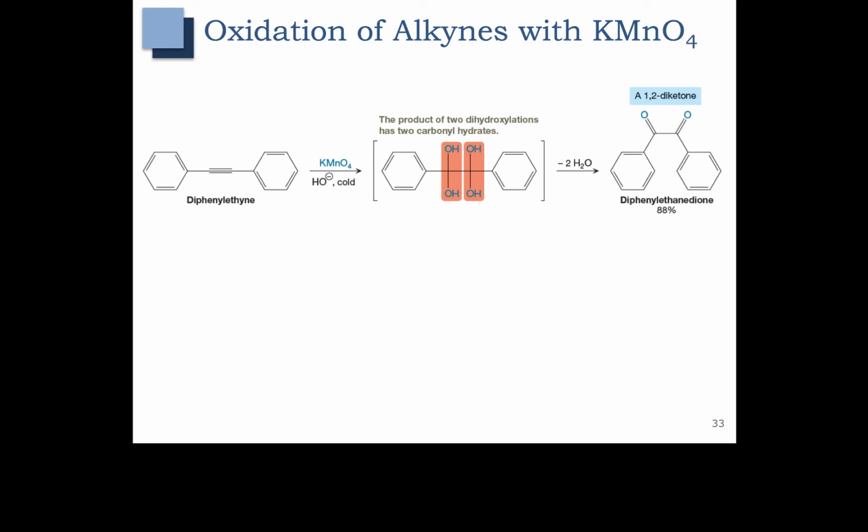If you don't remember the mechanism for this reaction, it's fairly straightforward. In basic conditions, which is what we have here, an alcohol is deprotonated, the electrons come down and kick out an OH.